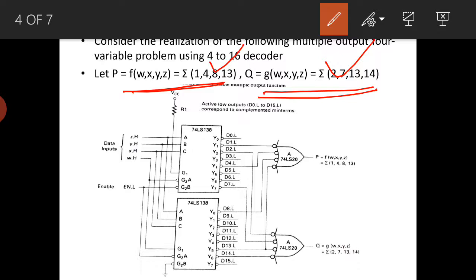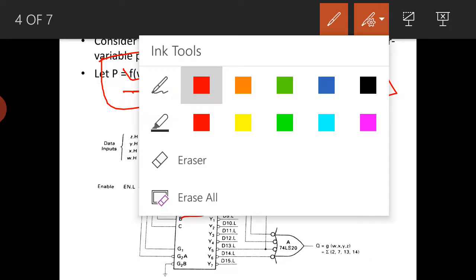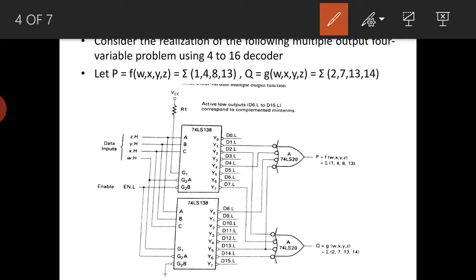So this we can realize by using two 3:8 decoders. We have two functions of 4 variables, so both we can combine, because the inputs are the same, W X Y Z, but the function outputs are different.